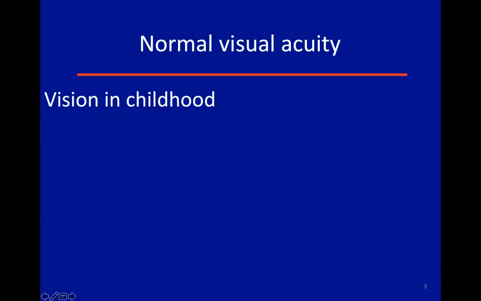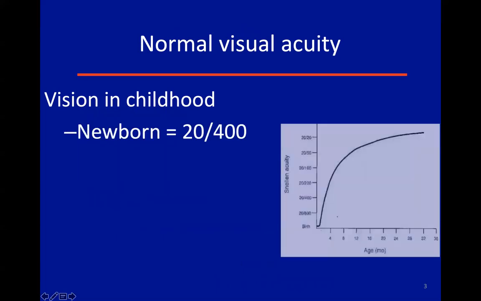So what's your normal visual acuity? You get asked that a lot. I'm sure you'll be asked by your parents as you become a doctor. The vision in childhood, when a child is first born, is 20/400, and we explained that in the orientation.